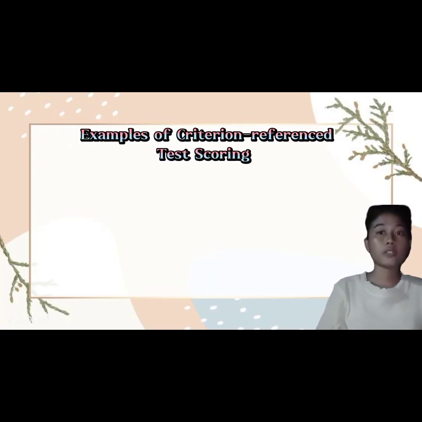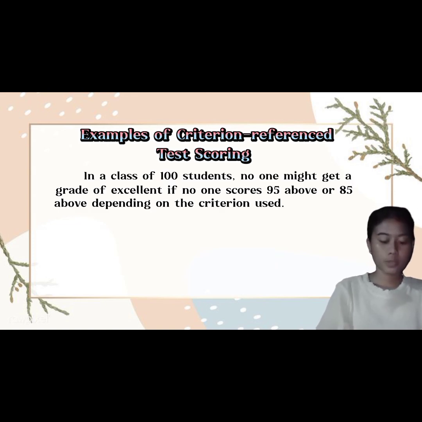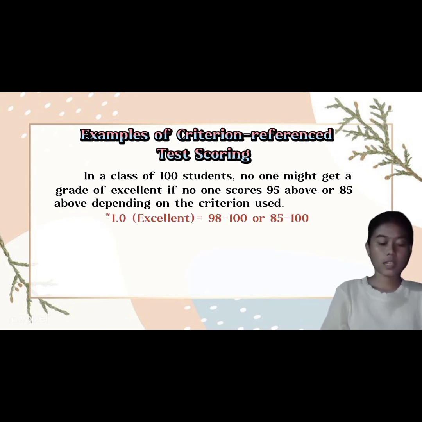Examples of criterion reference test scoring. In a class of 100 students, no one might get a grade of excellence if no one scores 98 and above or 85 and above, depending on the criterion used. So 1.0 is excellent and it is equal to 98 to 100 or 85 to 100.